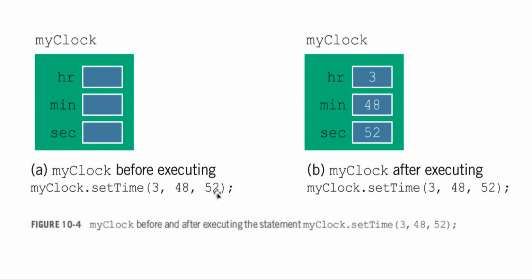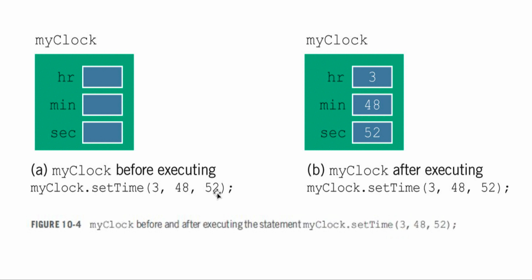When we run this statement, the function setTime is called with parameters 3, 48, and 52. So the values of the formal parameters hour, minute, and second of the function setTime are now set to 3, 48, and 52 respectively.